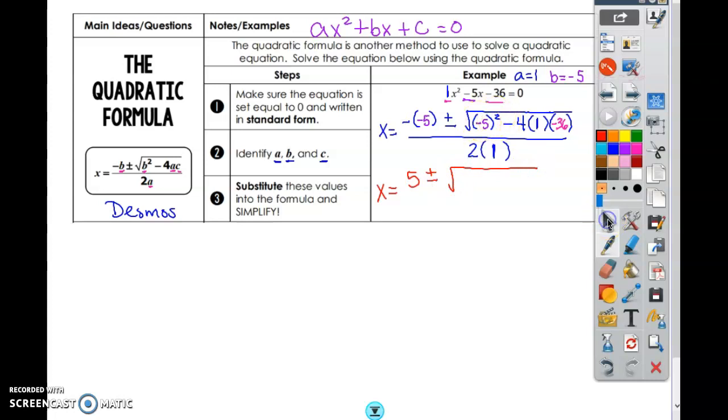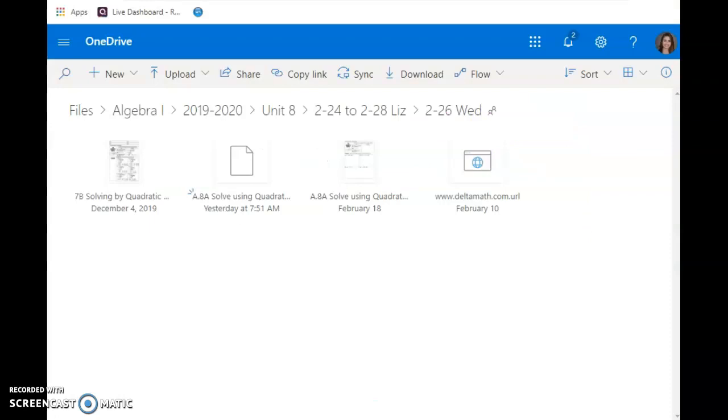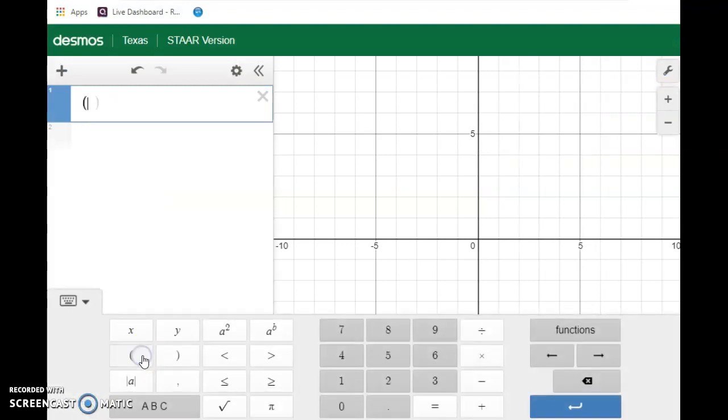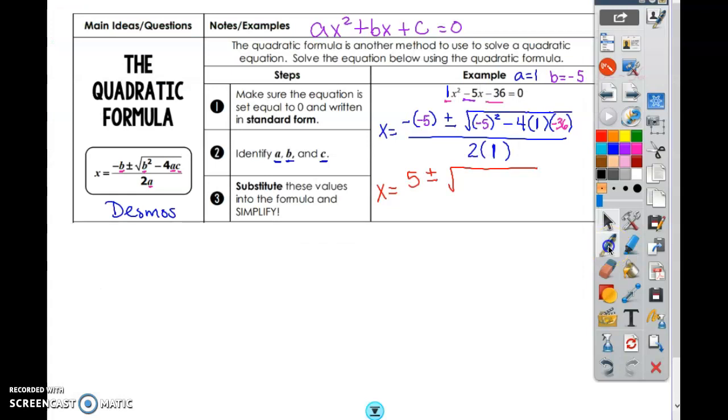Type it in Desmos. Everybody should have Desmos open. And you will be typing parentheses, negative 5, close parentheses, square. You have to have it in parentheses because if not, it's going to come out a negative, and I don't need a negative. I need a positive 25. Okay, so then that gives me 25.